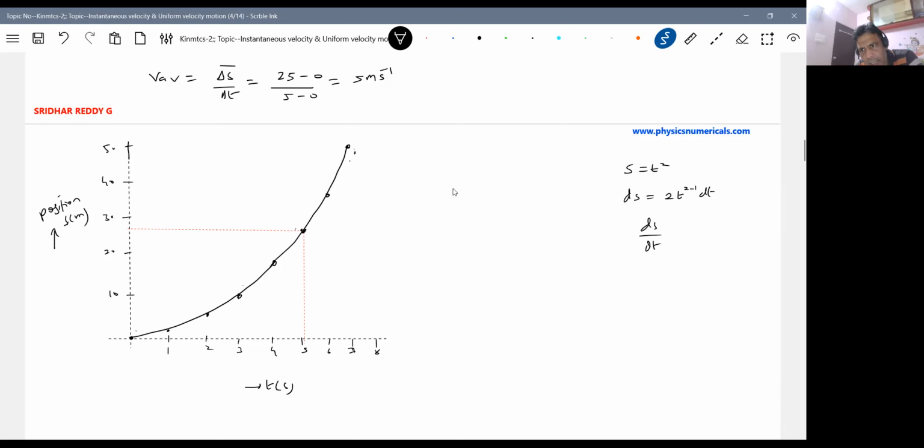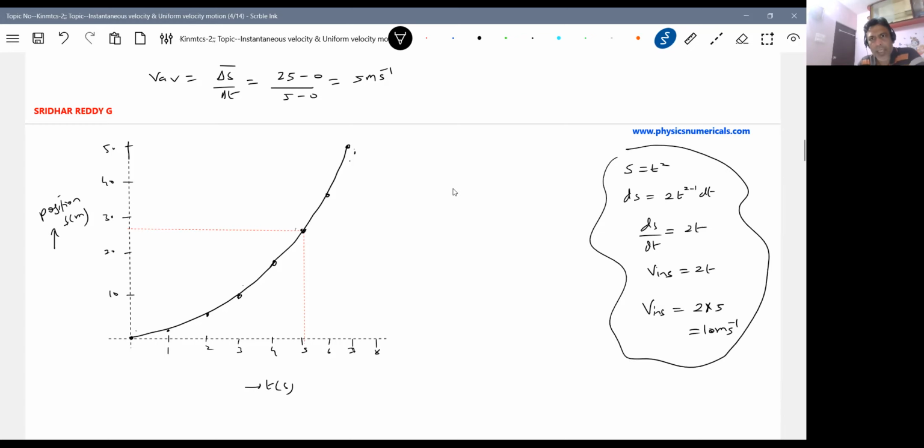This should become the instantaneous velocity at t equal to 5 seconds. How much is this instantaneous velocity? It is 10 meters per second, using the differentiation tool.